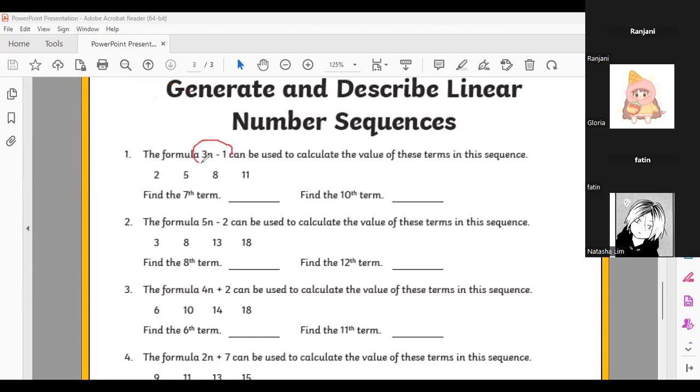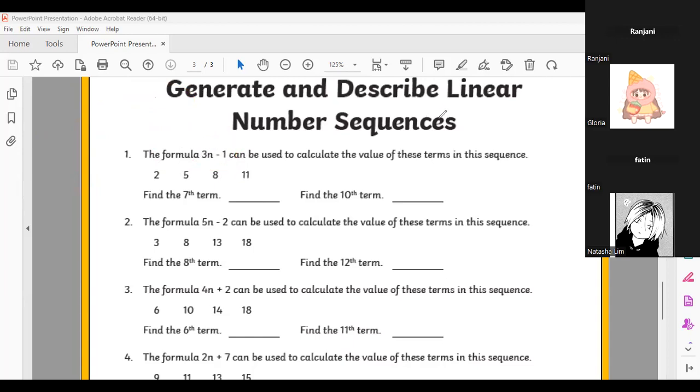Okay. The formula is like a unique rule, a unique rule to figure out whatever number you want. So they're already telling you the rule, you don't have to crack your head. They already tell you this is the rule. But the rule doesn't look that easy because you haven't learned it yet.